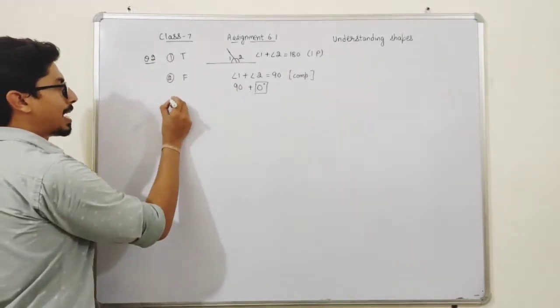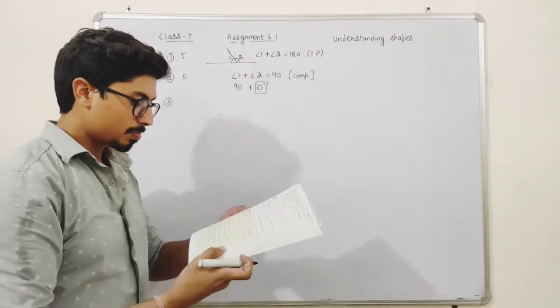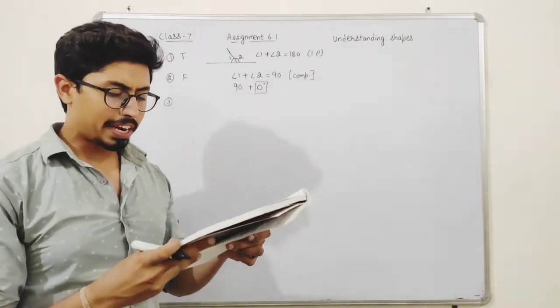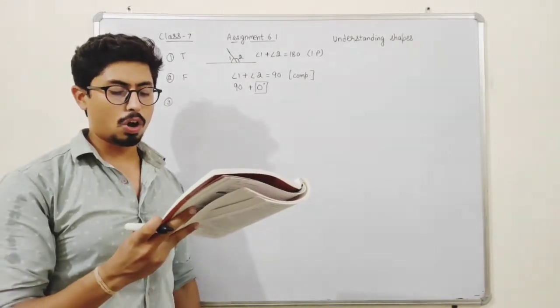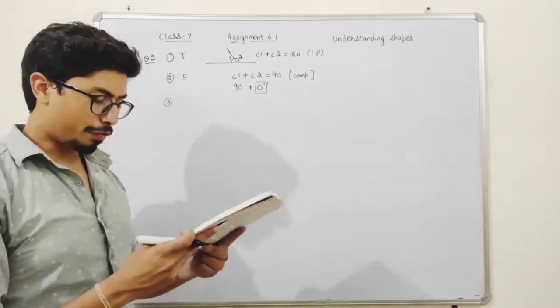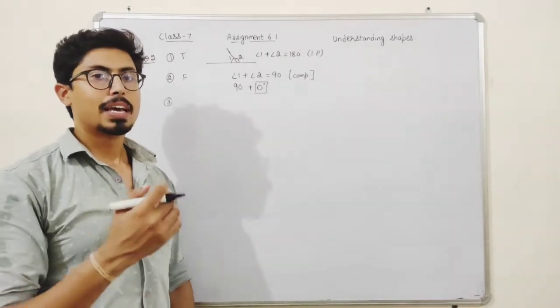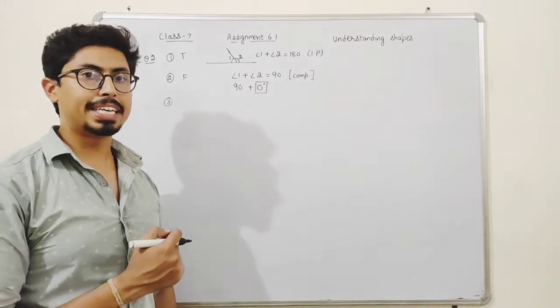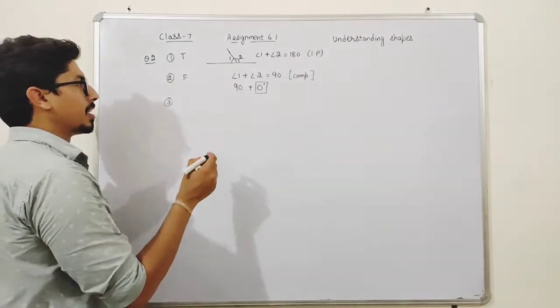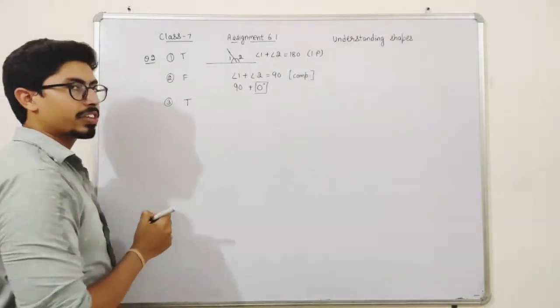Now students, part number third: the supplement of an acute angle is always an obtuse angle. An acute angle means an angle which is less than 90 degree. First of all, students, the answer is true.